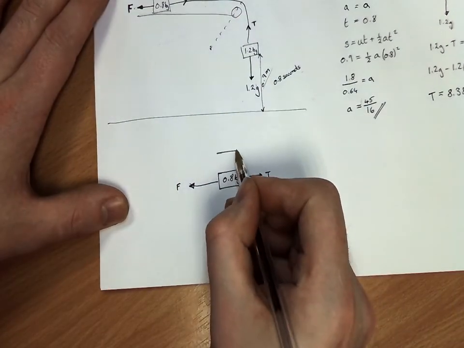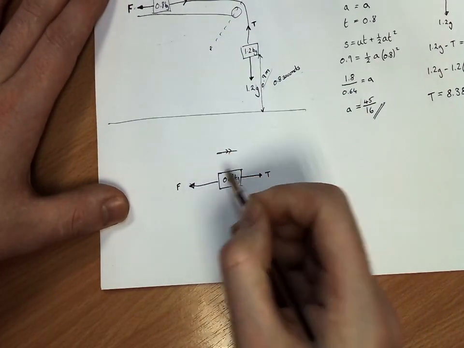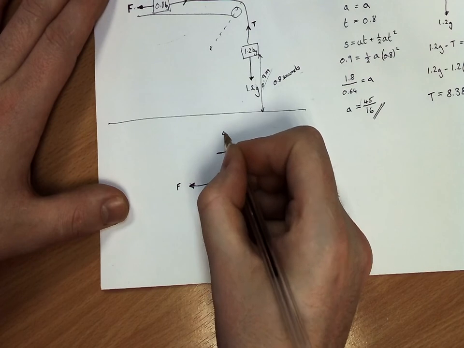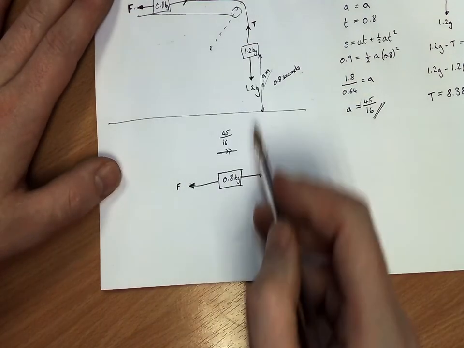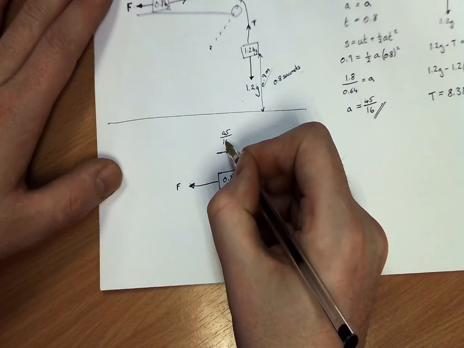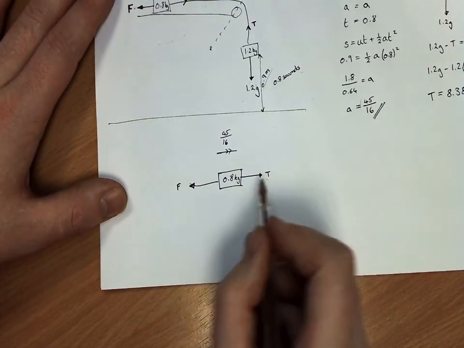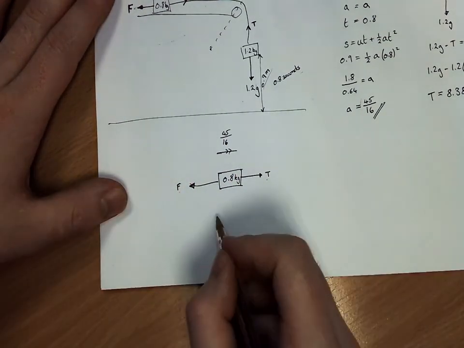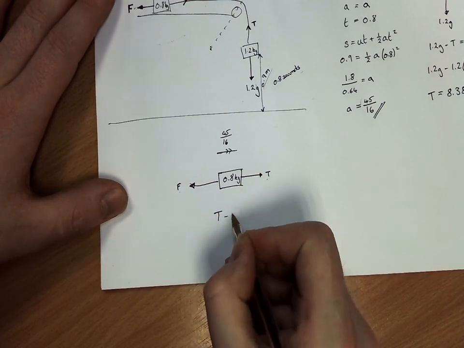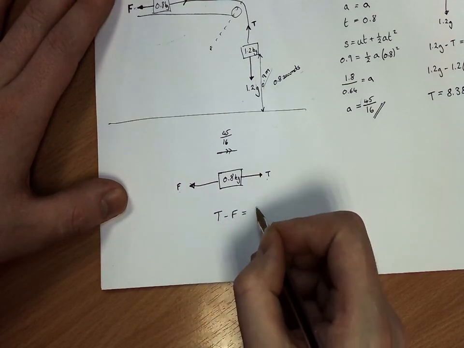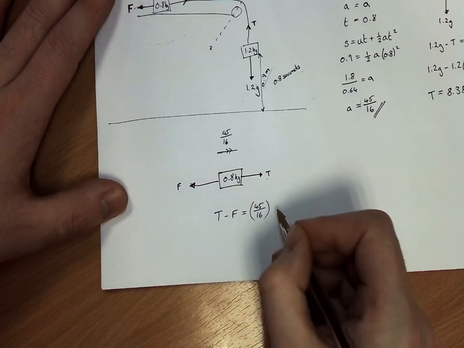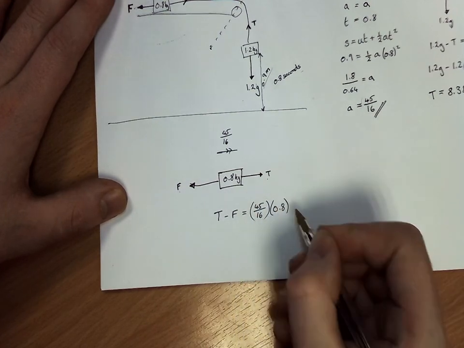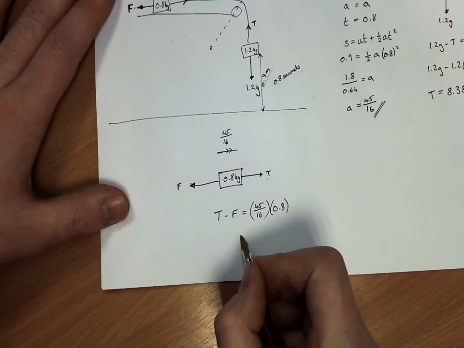Acceleration is 45/16, because the acceleration of the whole system is the same as the string was taut. This one must be bigger than that one so that it can move that way, so T minus F equals 45/16 times 0.8.